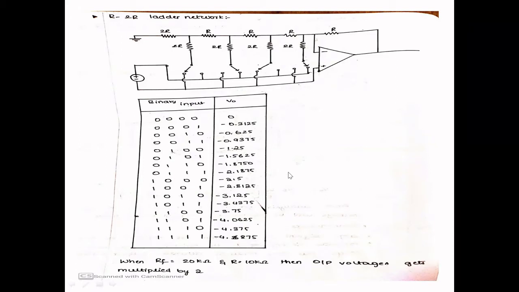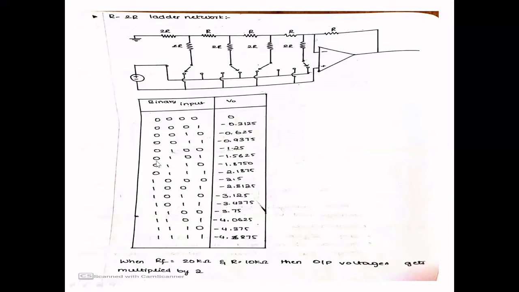And for the input, you have switches which are connected to your 2R, so they can operate as 0 or high input, so 0 or 1. So these are the inputs we give.